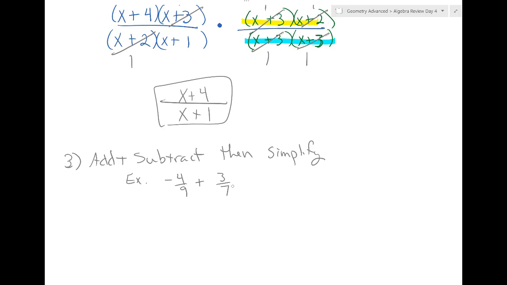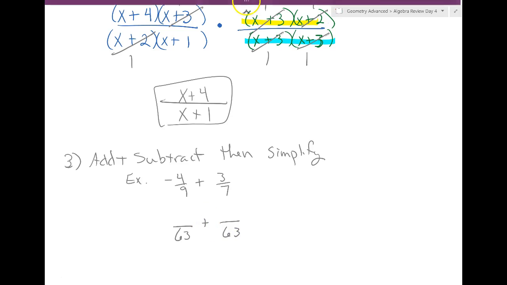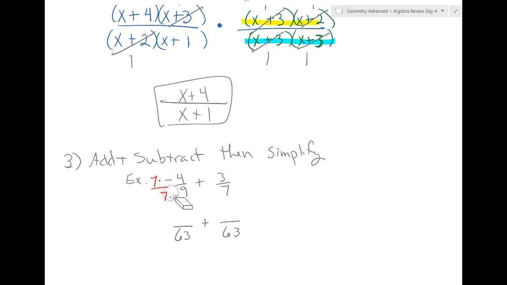You would get a common what? Denominator, right? So you'd get the fact that the common denominator between the two would be 63. How would you get them both to have that common denominator? Well, you would sit there and say, okay, what do I multiply the 9 by to get the 63? Well, you'd multiply by a 7, right? But you'd have to do it both to the numerator and denominator, right? So that would get a negative 28/63.